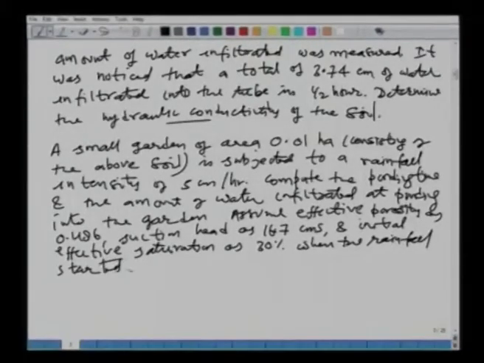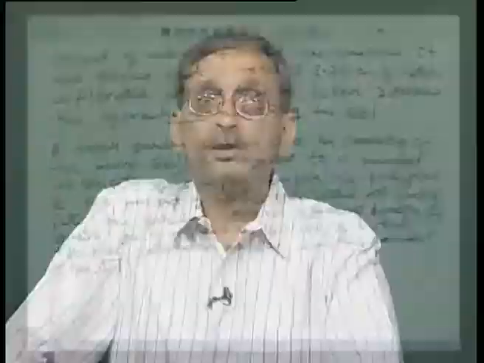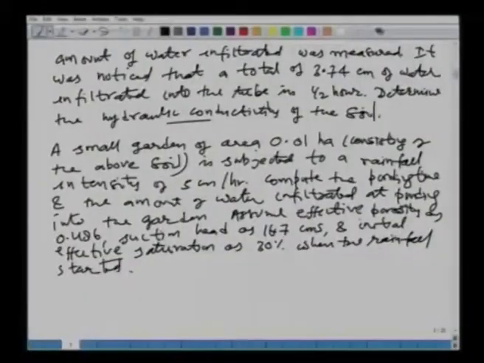Okay. So, this is the problem statement, which is quite long, but it is important to understand. You take a sample which is cylindrical in shape, we lay it first horizontally, do certain measurements, then we lay it vertically, measure the water that is infiltrated, then we need to determine what is the hydraulic conductivity, and then we consider a problem of rainfall event into a garden, and then with some of the data given to us, we have to find what will be the ponding time of the garden.